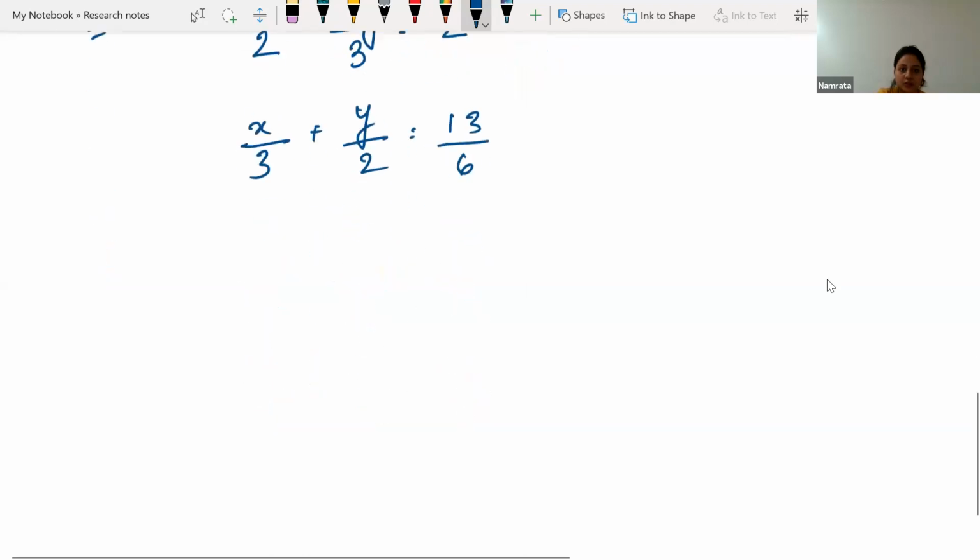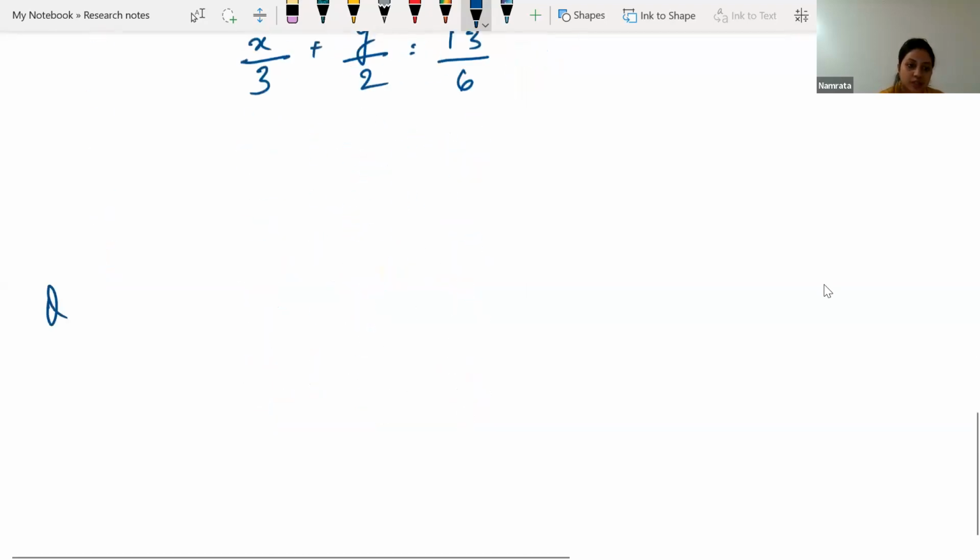Okay, you do this one, and the next question, let me write it over here. Next question, I'm taking it from the polynomials only, but this question is from a previous year question paper, that means from the board exam.